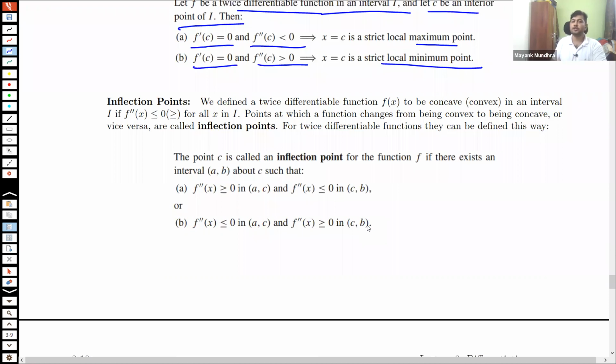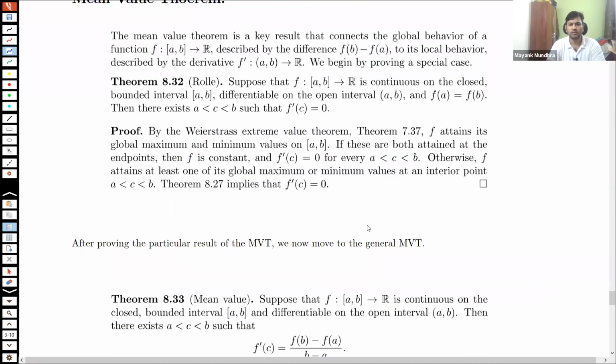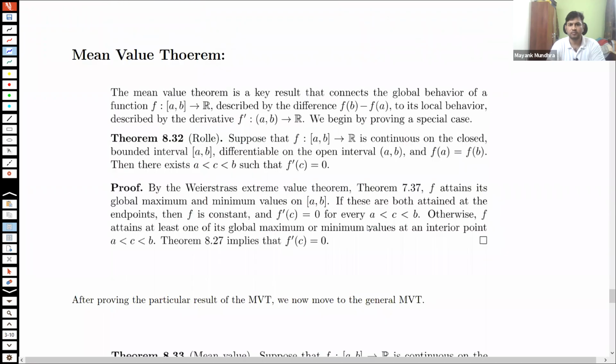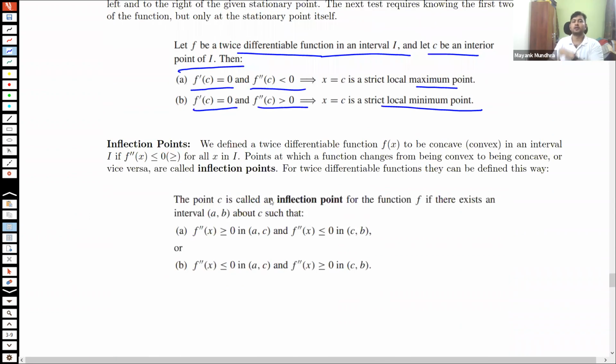Now finally we reach inflection points. So we defined a twice differentiable function. Twice differentiable means f prime and f double prime both exist, to be concave or convex.